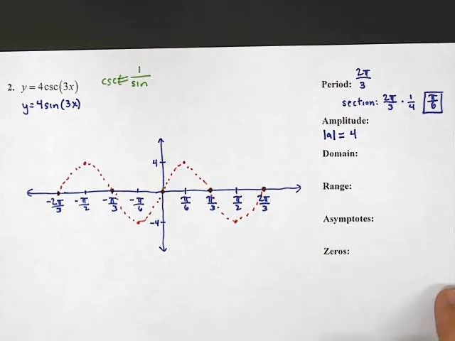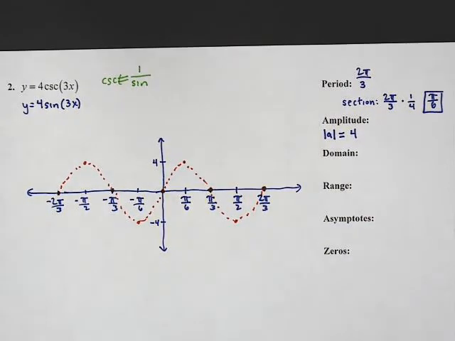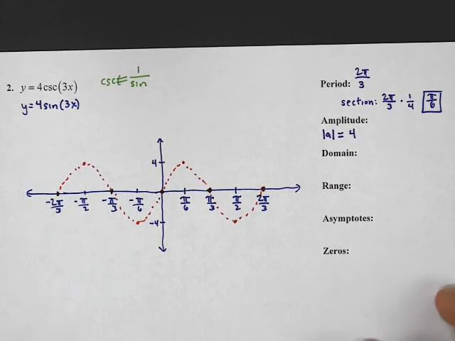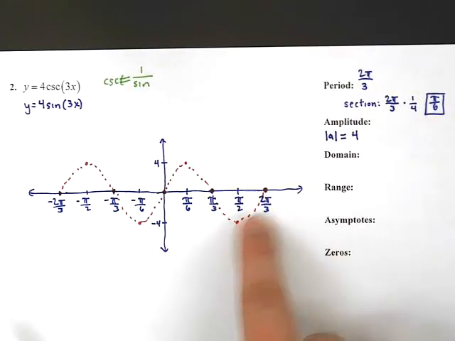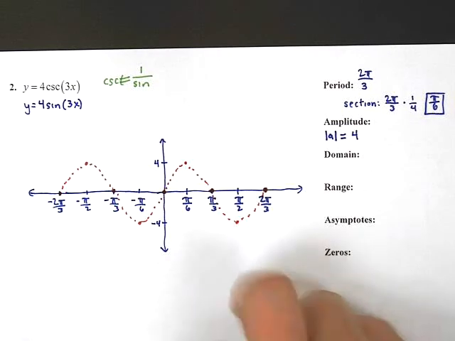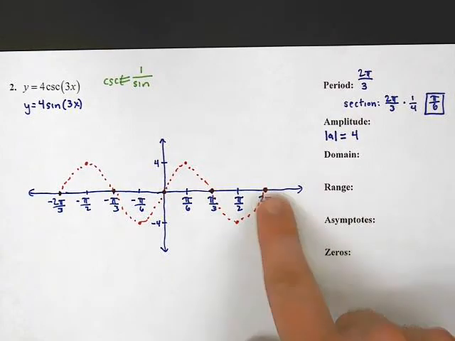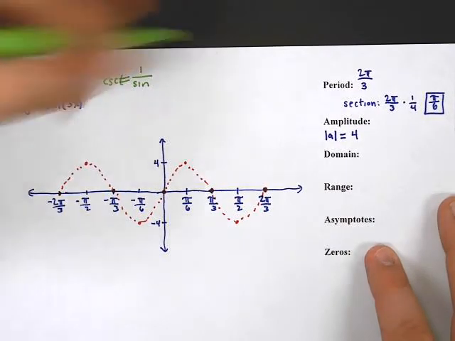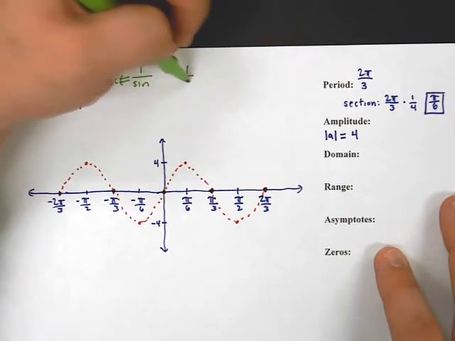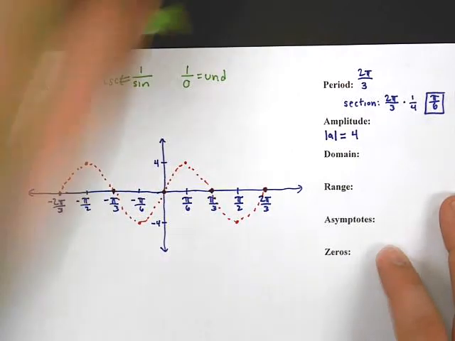Well, that should hopefully throw some red flags up, because I know that there are places where my sine, I should say, is 0. Yeah, not x. My y value is 0, excuse me. And I can't do 1 over 0, right? When we take 1 over 0, we get undefined.